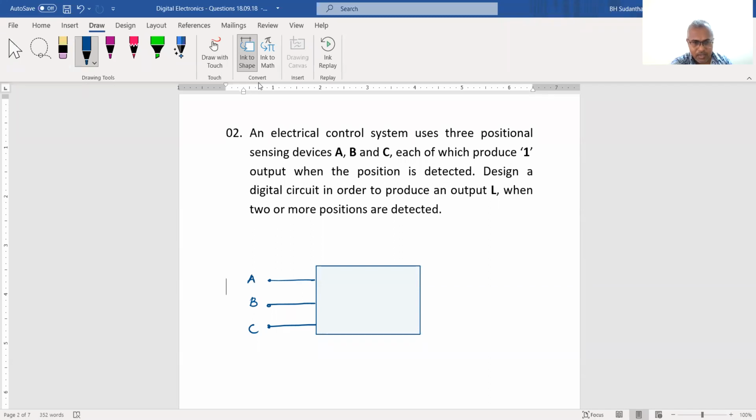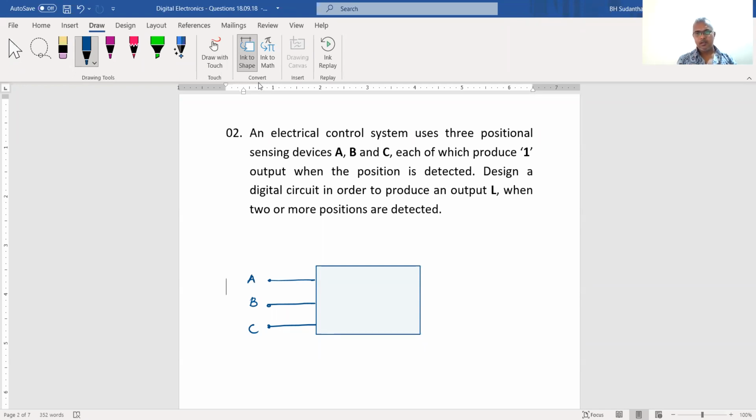After detecting a position, they can produce one. We don't care what type of sensors, their operational principle, or how they detect these positions. That is a different technology and a different subject. Anyway, the sensors are there.